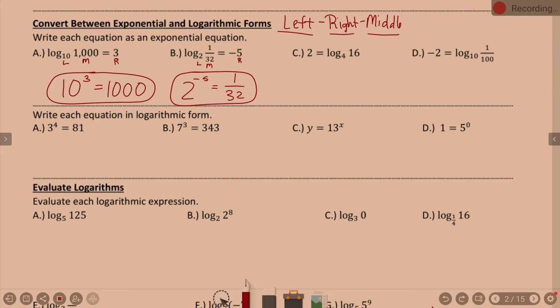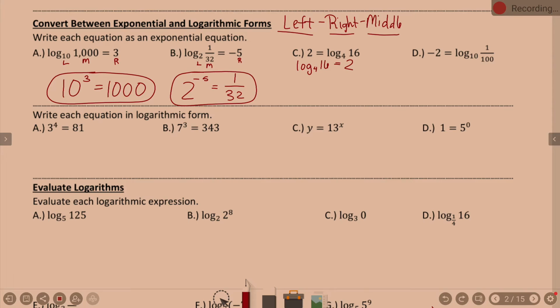Okay, what about C? Okay. You can work it like this. If you're looking at that and saying, no, that confuses me, what could you do? Could you flip it? Yeah, you could rewrite this as log base 4 of 16 equals 2.